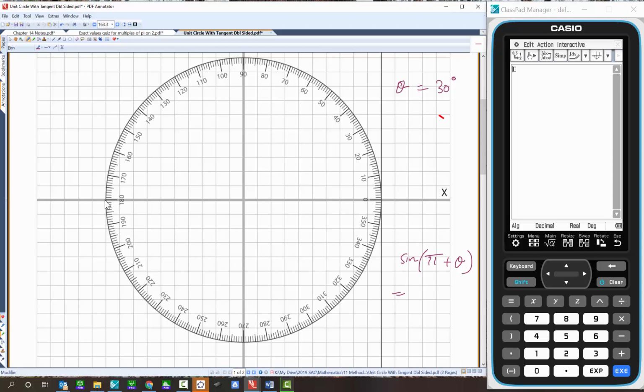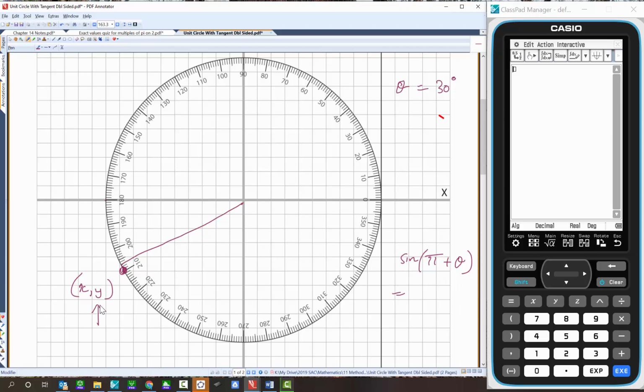So here we are at pi, which is 180 degrees, and we want to go over to here. So the coordinates here, which are x and y, I want to work out what that one is going to be. I want the y value, because that's what sine is.